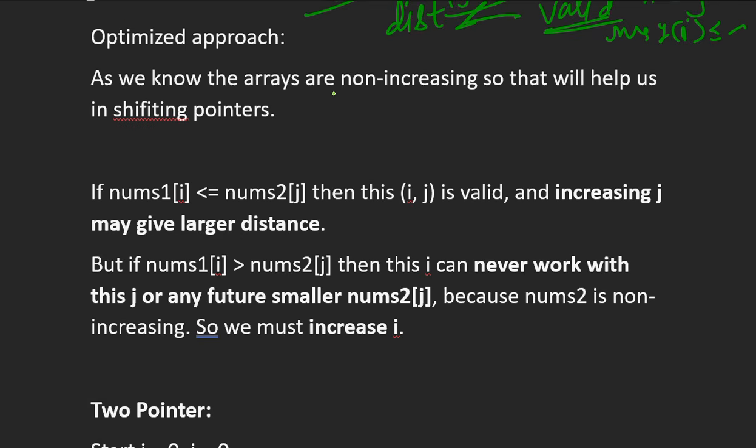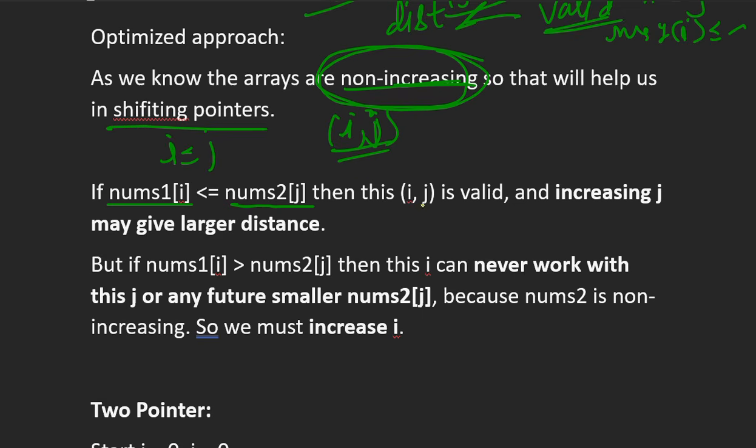As we already know, our array is non-increasing, and this will help us in shifting the pointers. Let's see how. What can be the different cases? Suppose we are at index i and j. If the condition nums1 of i is less than or equal to nums2 of j holds, and i is less than or equal to j, that means the pair i, j is valid because both conditions are satisfied.